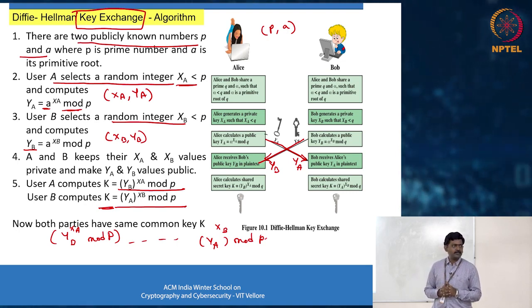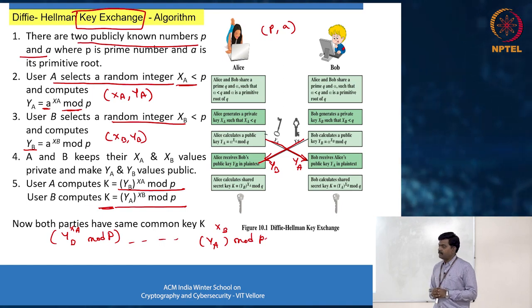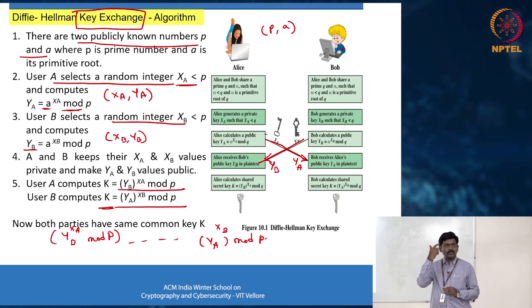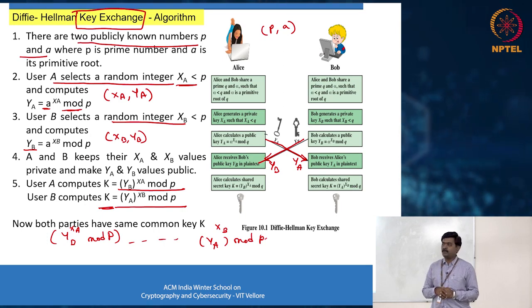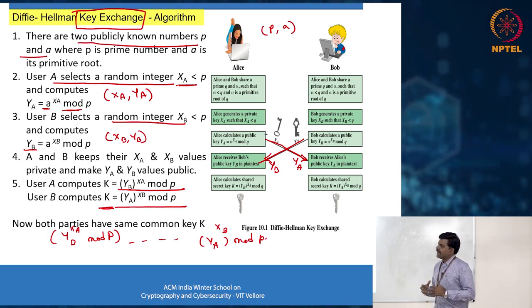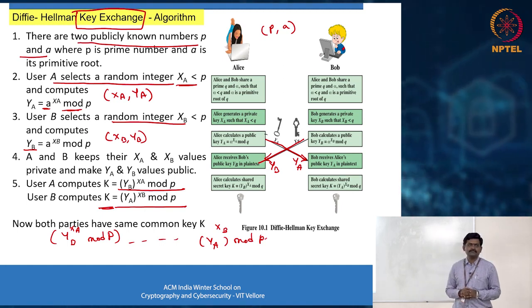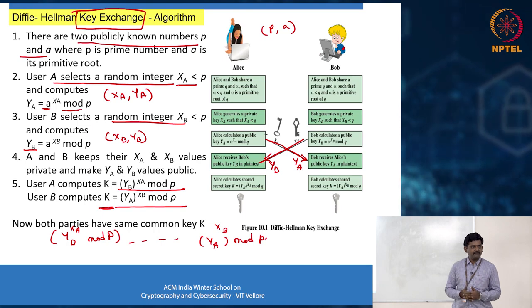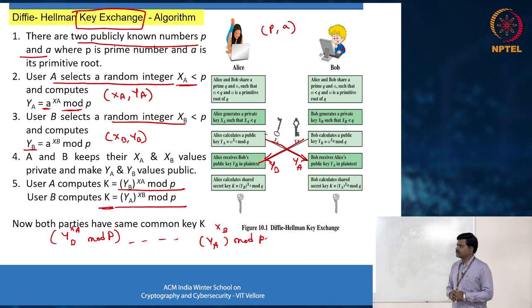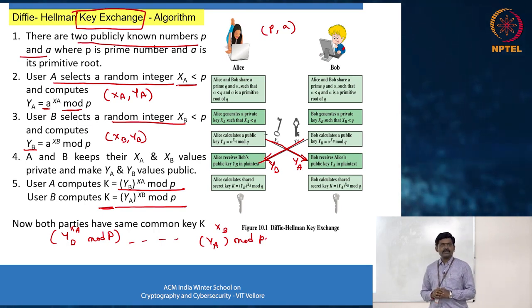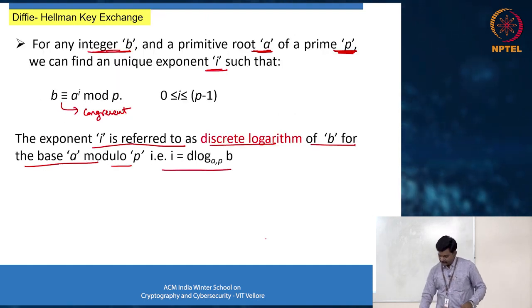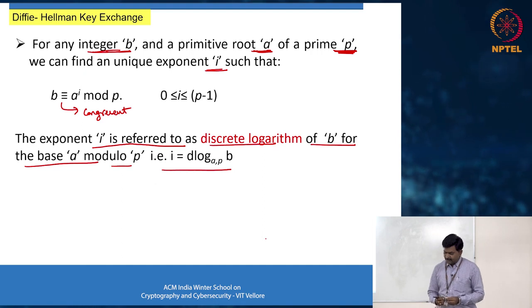K value got derived with the help of the public key of the other node to the power of the private key, mod p. So that means an attacker needs what? The private key of either of these nodes. So getting the private key of either node is what problem? Calculating the power. What is that power?